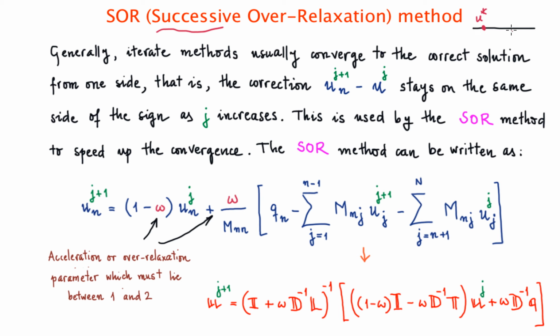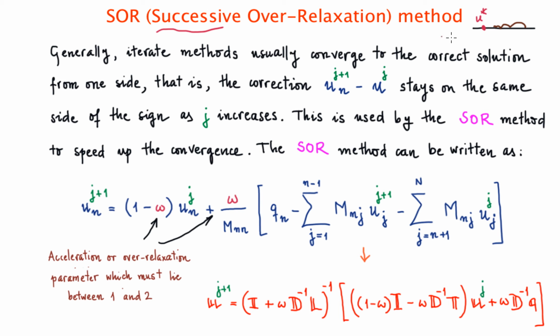And if we start at some point of the iteration, if we start at some value here, just increasing the number of the iteration, you are getting closer and closer to the exact value, but always going from one side.